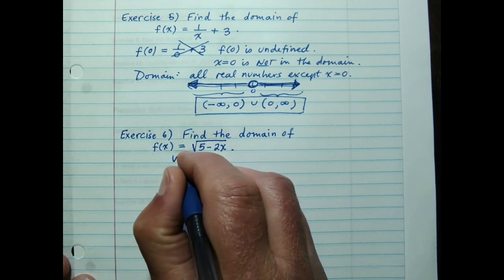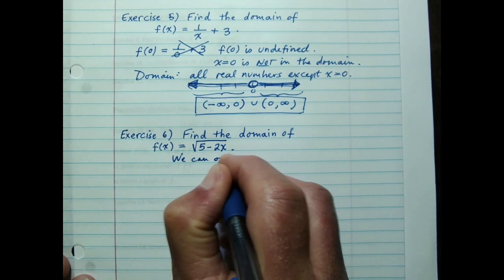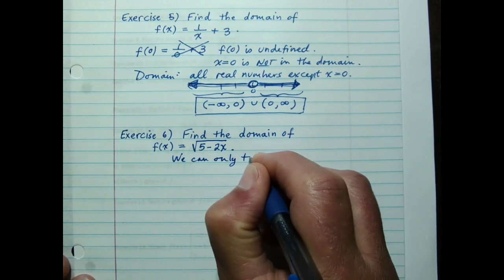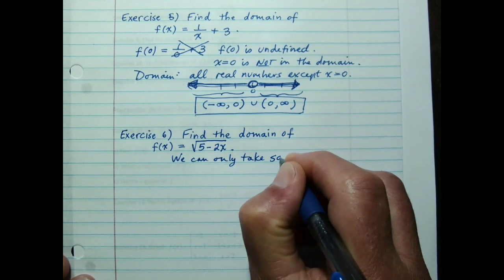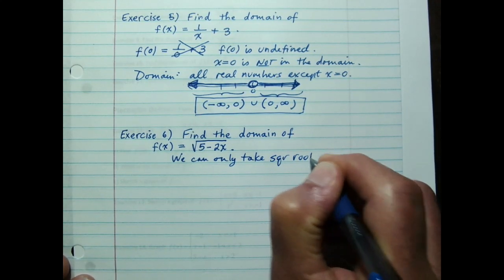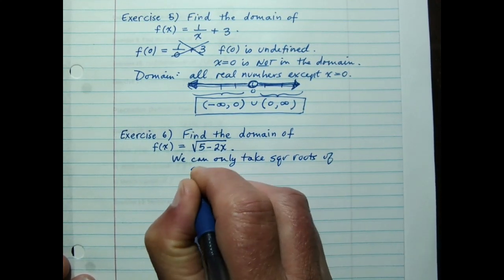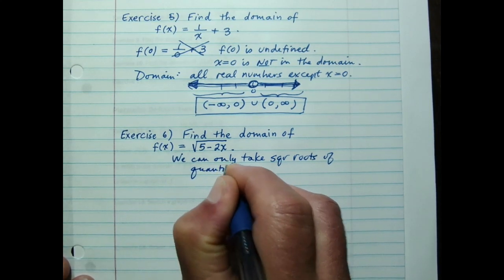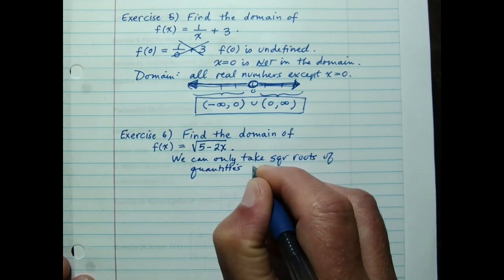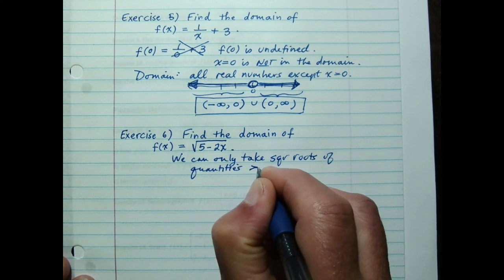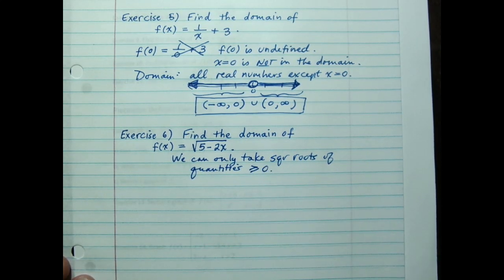So we can only take square roots of quantities that are greater than or equal to 0.